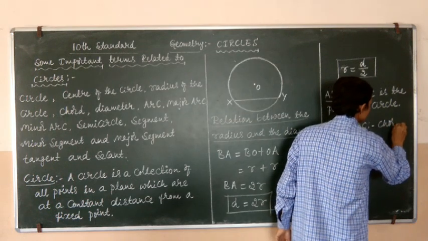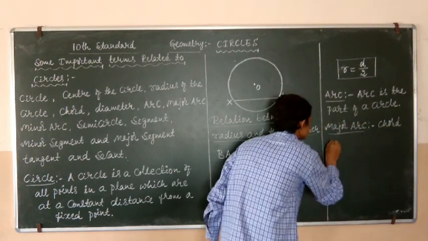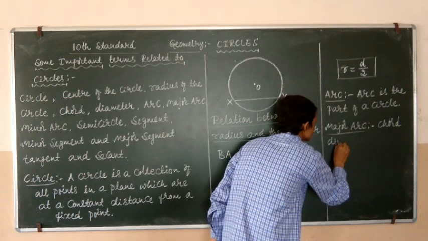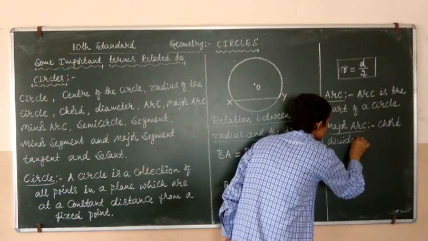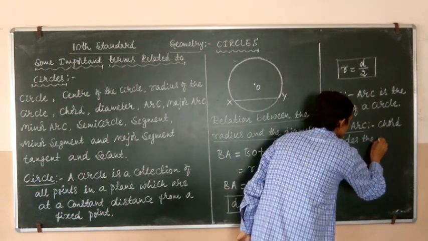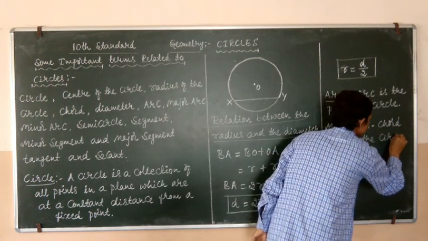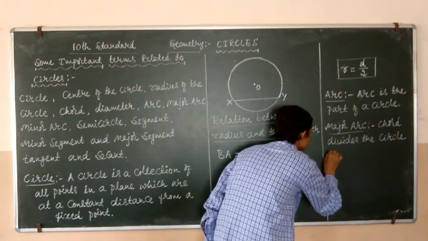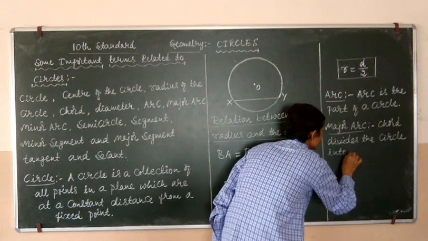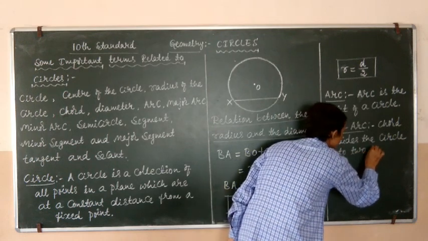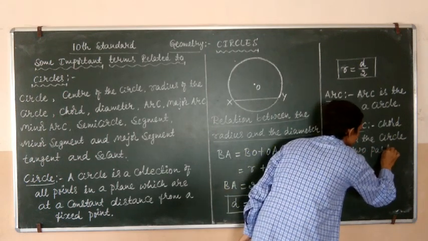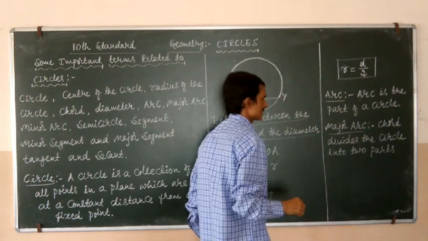A chord divides the circle into 2 parts.